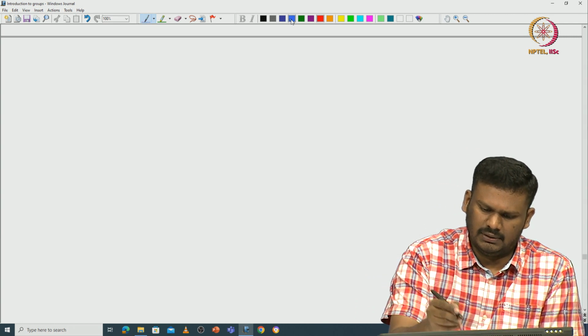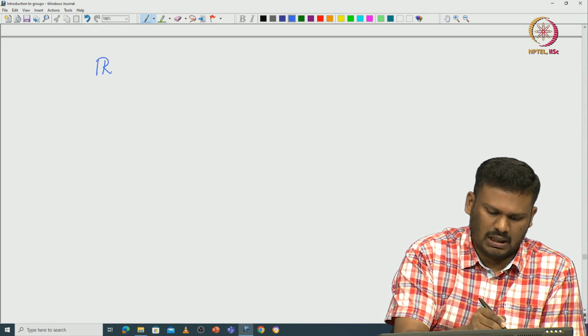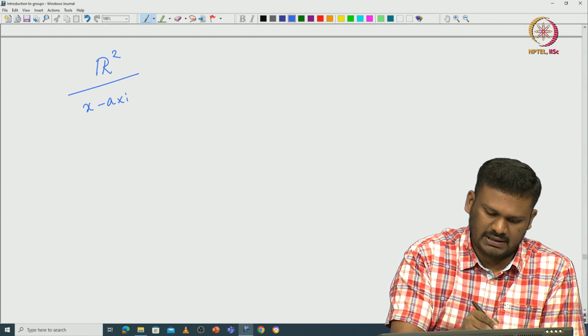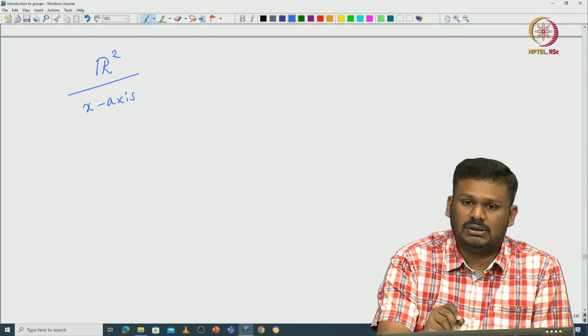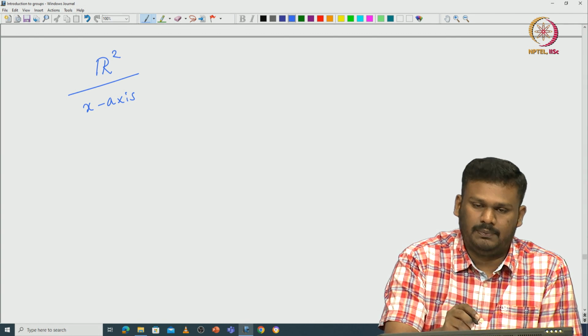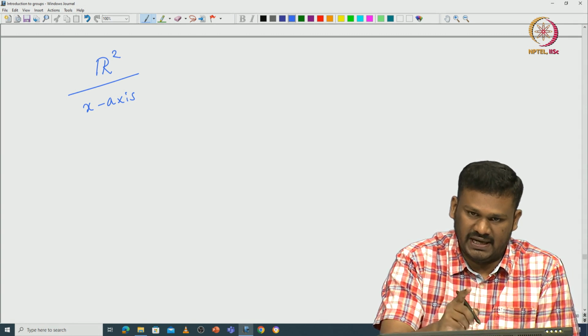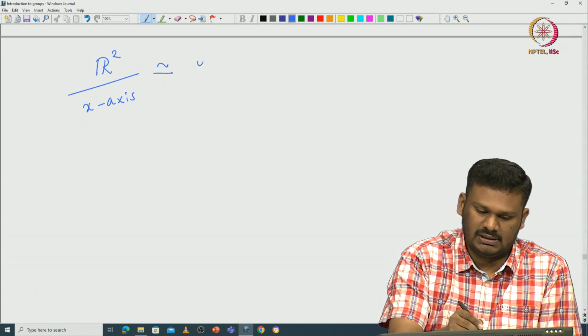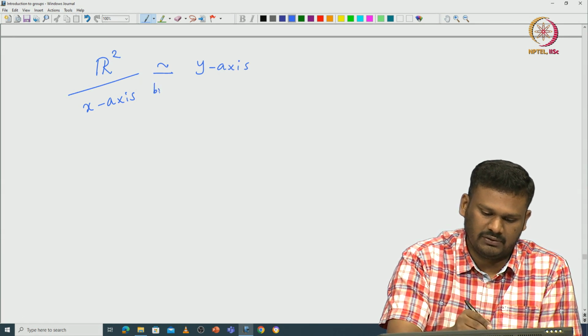For example, we took R2 and went modulo the x axis, and we realized that there is a natural parametrizing set, the y axis, that gives a bijective correspondence between R2 modulo the x axis and the y axis. So this is the bijective correspondence.